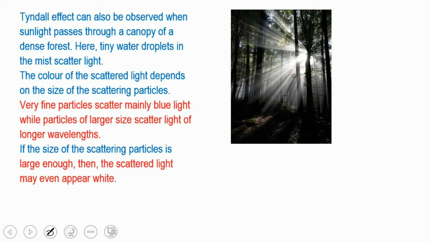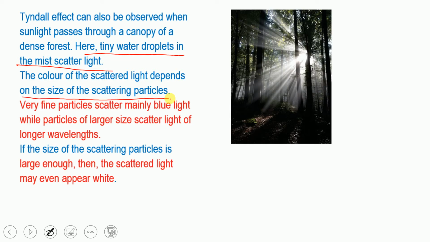When you are looking into the dense forest through a canopy of trees, the tiny water droplets in the mist scatter the light. In the room you see dust particles and smoke, but in the forest the tiny water droplets in the mist scatter the light.